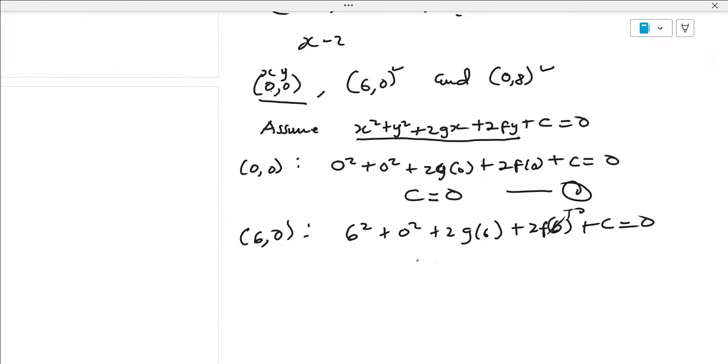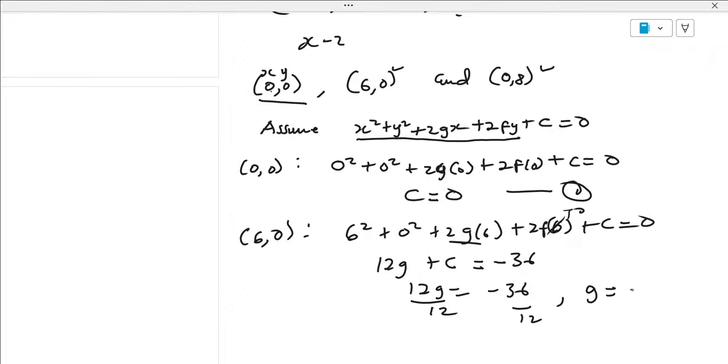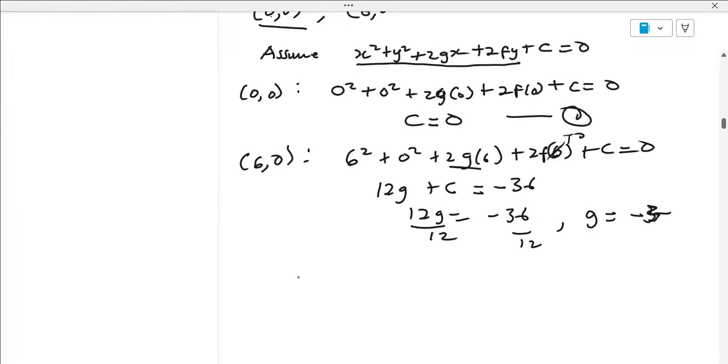I take it across and I have 12j plus c equals negative 36. But we know c already, so 12j is equal to negative 36. We divide by 12 on both sides, and we have j equal to negative 3.